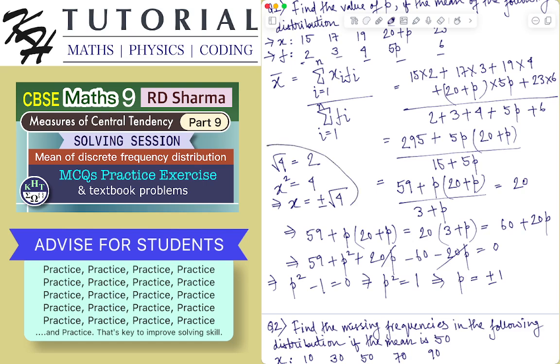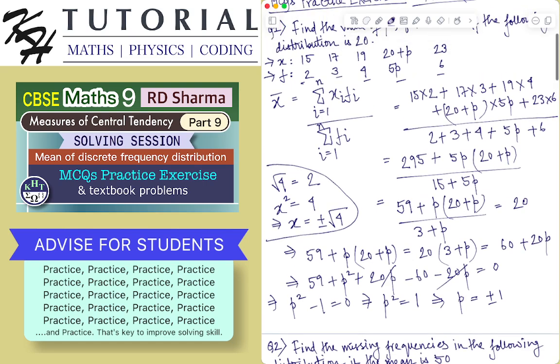So the value of p can be either plus or minus 1. But you need to check one thing. In this case we have two values of p, plus and minus 1, but if you put the value of p in the frequency 5p and add the frequencies, the summation of the frequencies should always be a natural number.